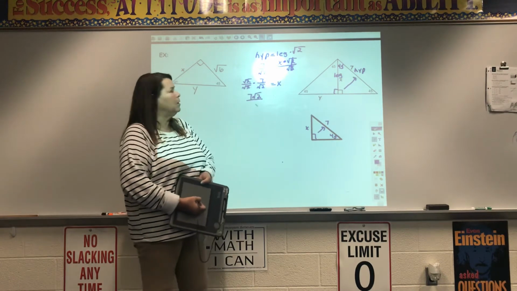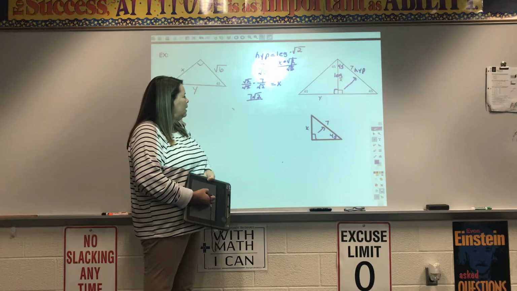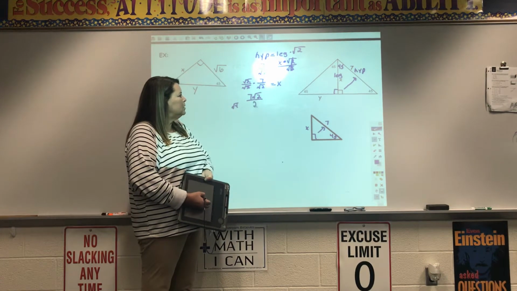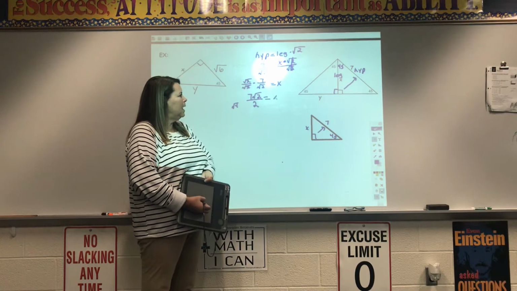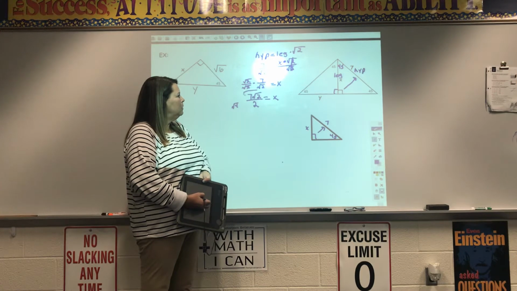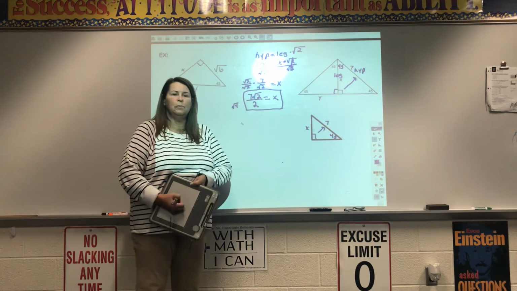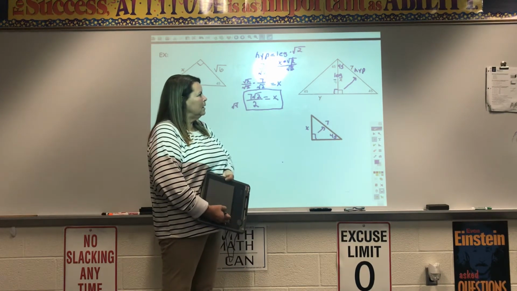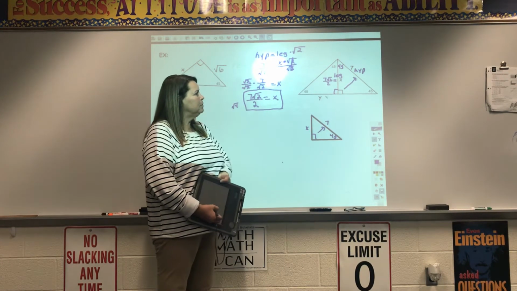In the denominator, radical 2 times radical 2 would be the square root of 4. But the square root of 4 is just 2. So that means x is equal to 7 radical 2 over 2. So now I know what x is. X is 7 radical 2 over 2.